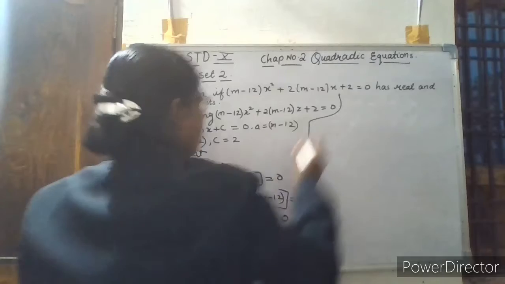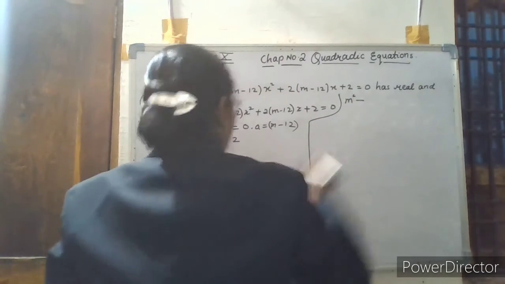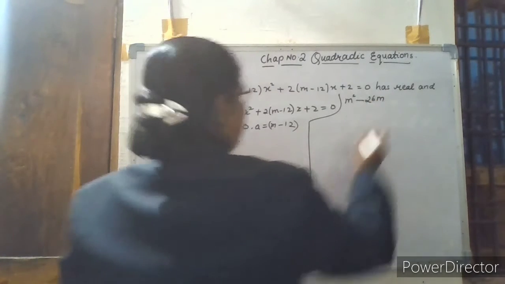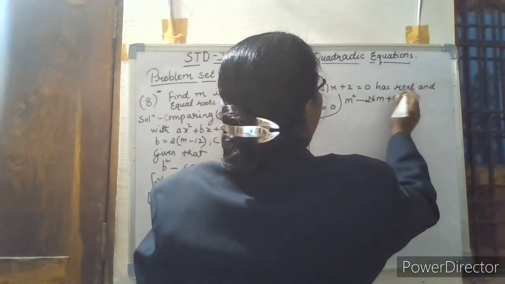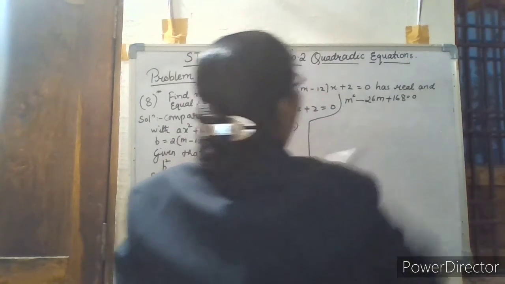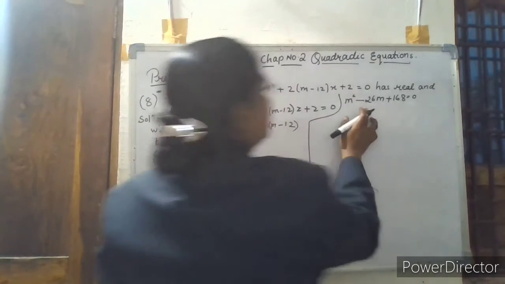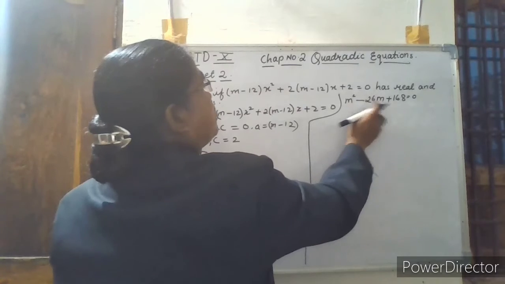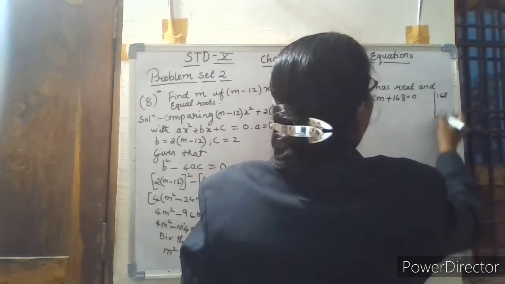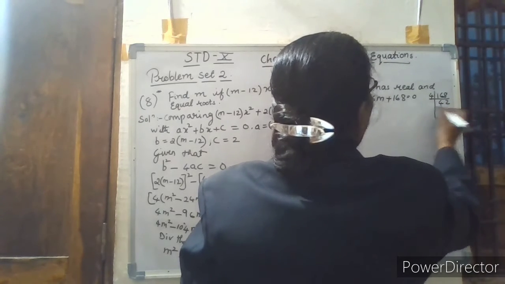So I just copy down here: m squared minus 26m plus 168 equal to 0. Now, factorize this 168. You should get middle term minus 26. So, 168: take 4s, 4 4s are 16, 4 2s are 8.